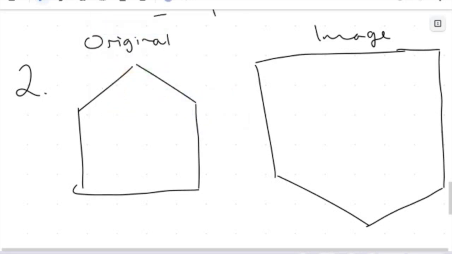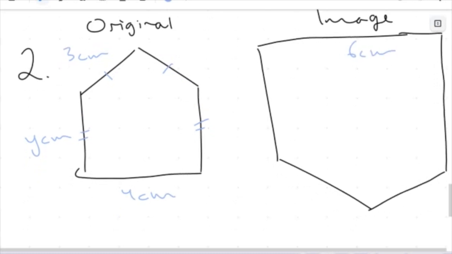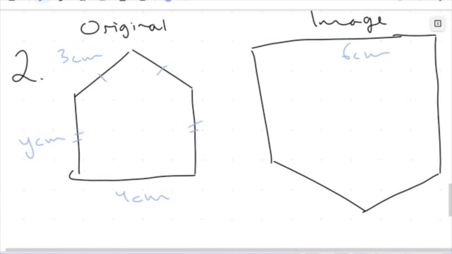So, let's draw in some dimensions here. I have these two are equal, and this is y centimeters, this is 3 centimeters, this is 4 centimeters, and the image is 6 centimeters, and this one is 7.5 centimeters, and x centimeters for this one here.